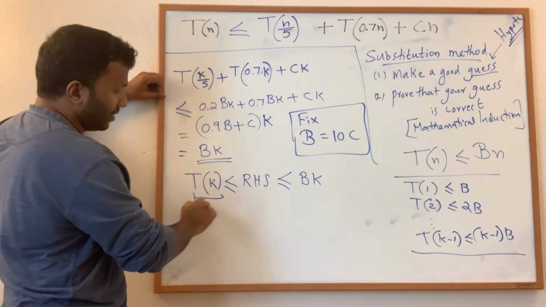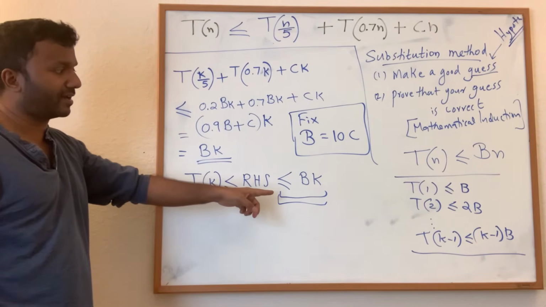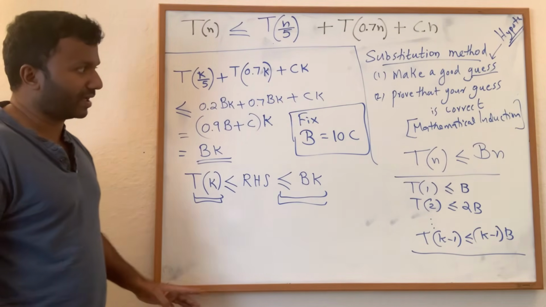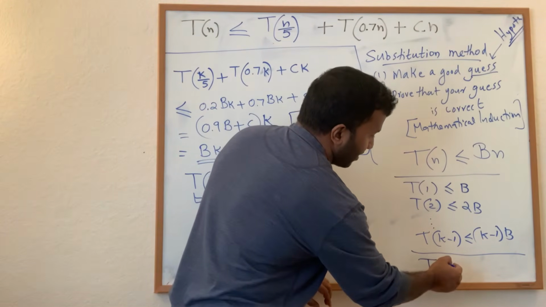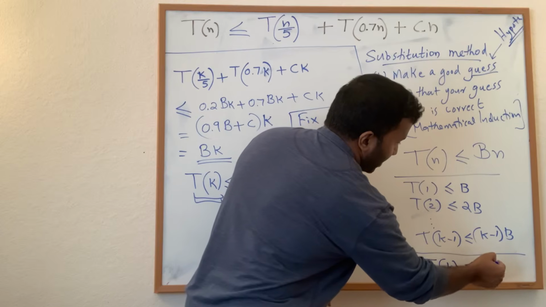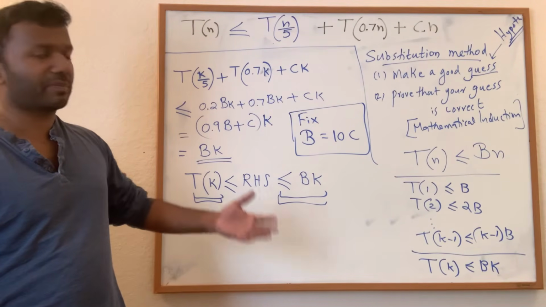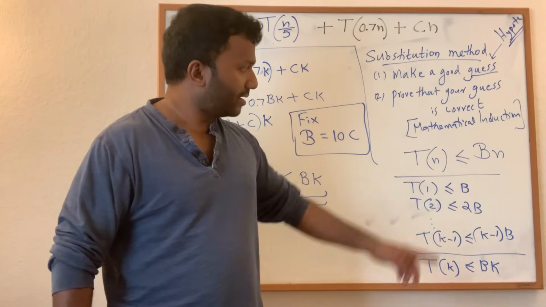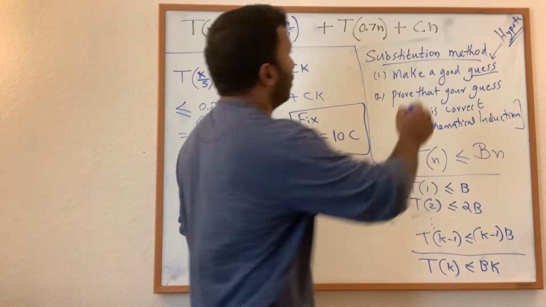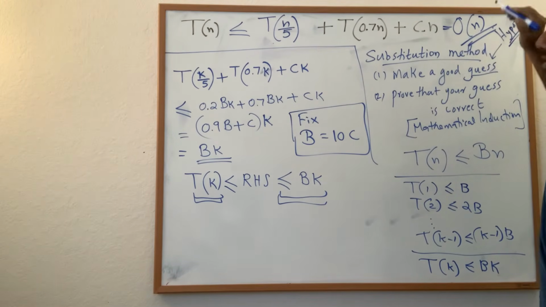Now if you read these two things together, Tk is less than or equal to bk, which means using mathematical induction we have proved Tn is less than or equal to Bn, or the whole thing is big O of n.